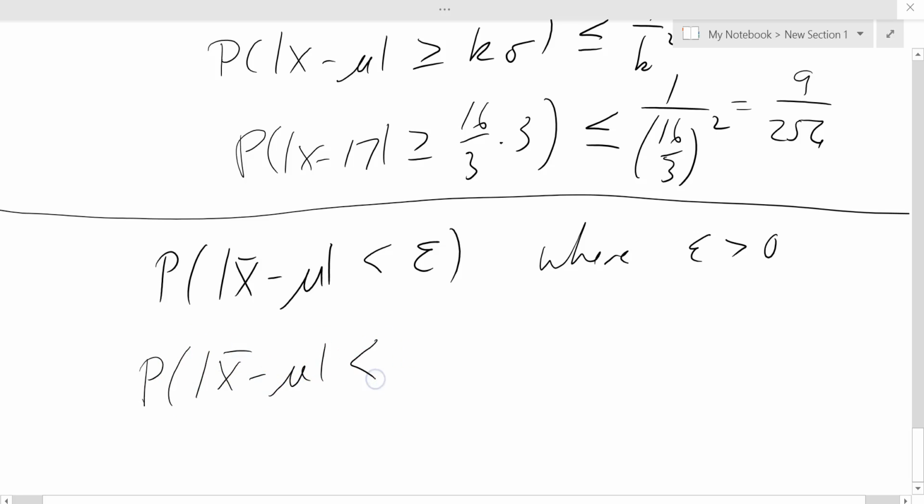Well, notice I'm doing this in terms of a sample mean now. So if epsilon is some given number, I can write epsilon as epsilon times sigma over epsilon times the square root of n.